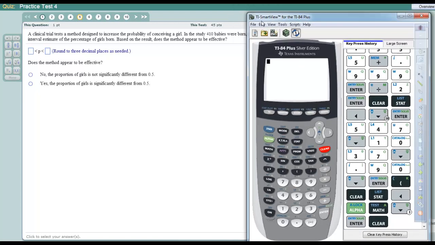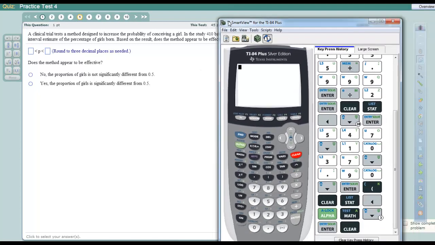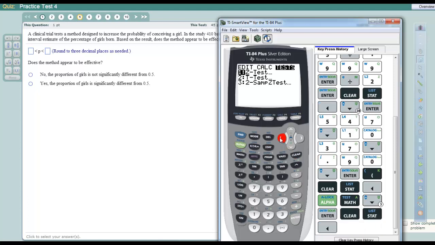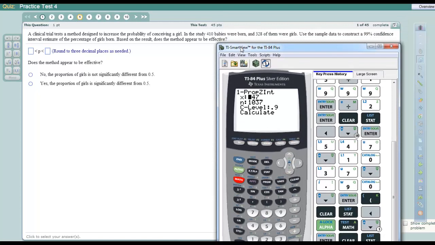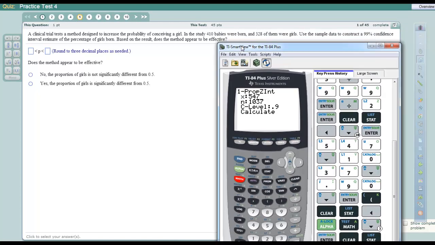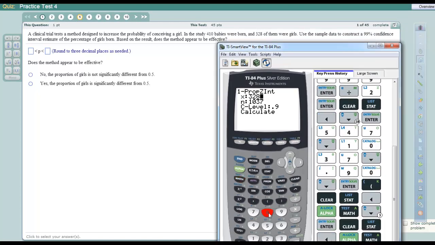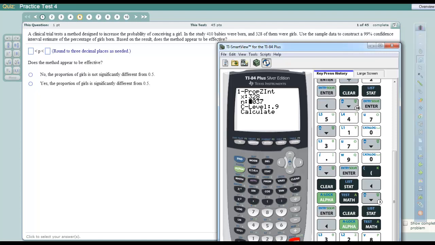The level of confidence is 99%. So we're going to go to stat, test. We're doing a proportion test. All right, X in this case was 328. N is 410.